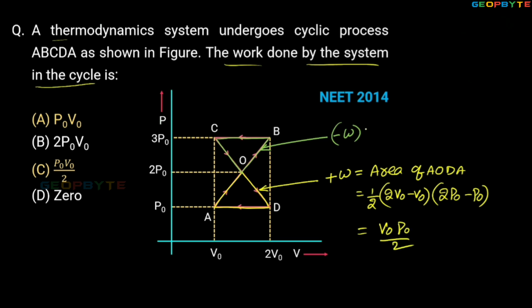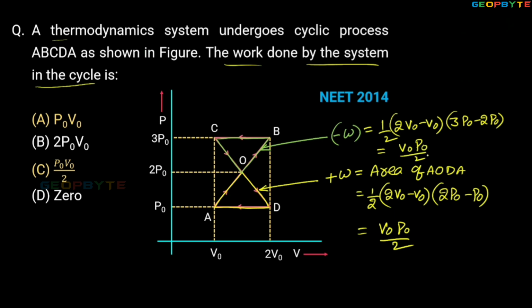The negative work equal to what? Negative work is also the same: half into base (2V naught minus V naught), height is 3P naught minus 2P naught. It is equal to V naught P naught by 2.